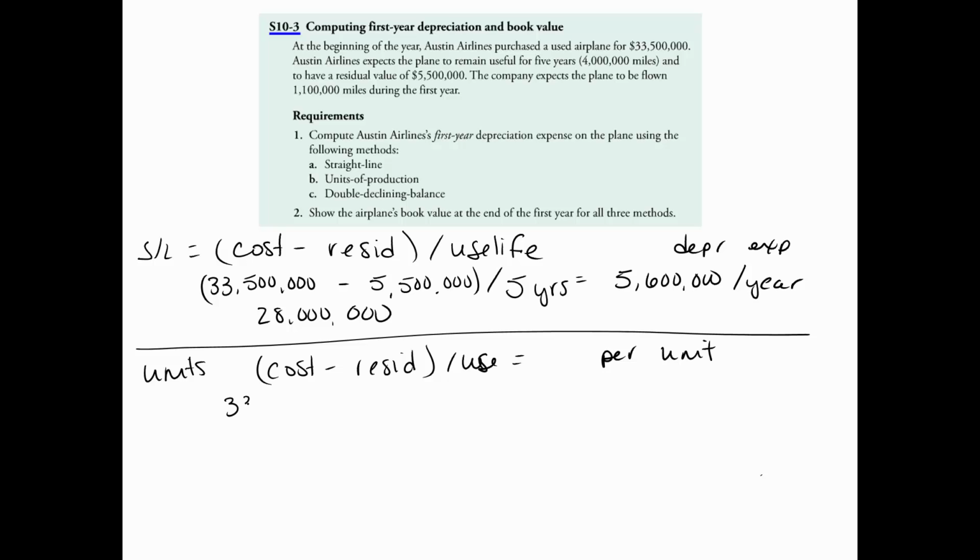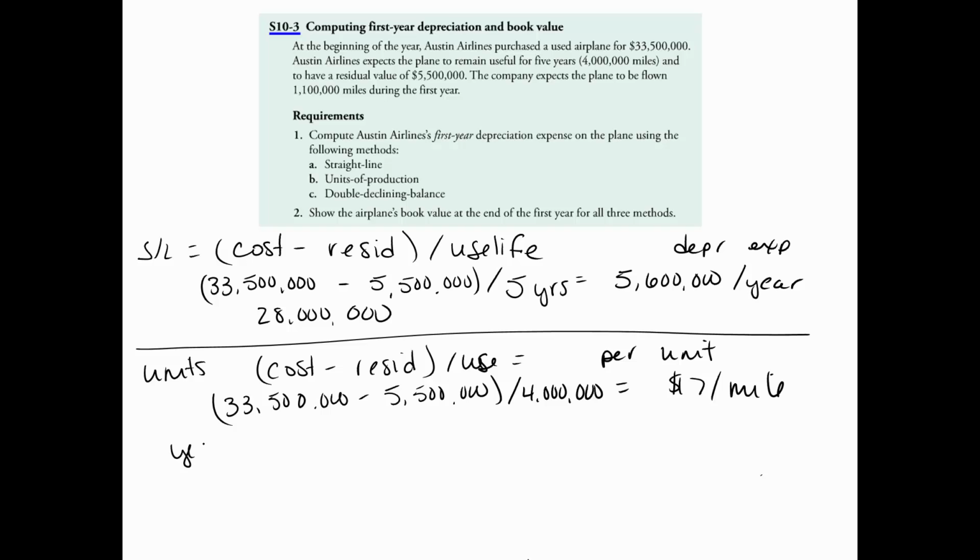So 33.5 million minus 5.5 million, divided by, I'm expecting to use it for 4 million miles. That means my depreciation per unit is going to be $7 per mile.